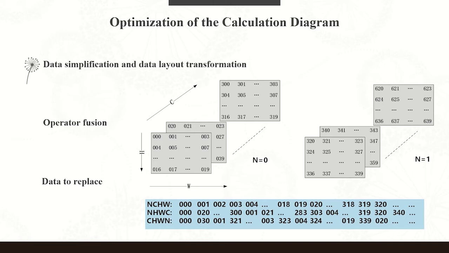The data layout optimization performed by DLCS is to convert various data layouts such as NHWC and CHWN into NCHW format, where N represents the number of images in a batch, H represents the vertical height in number of pixels, W represents the width in number of pixels in the horizontal direction, and C represents the number of channels.